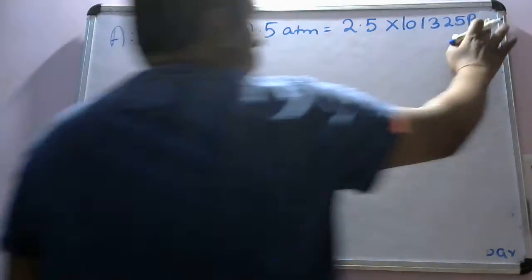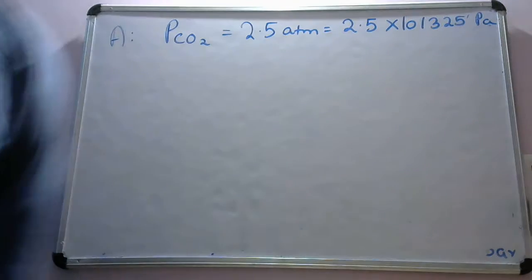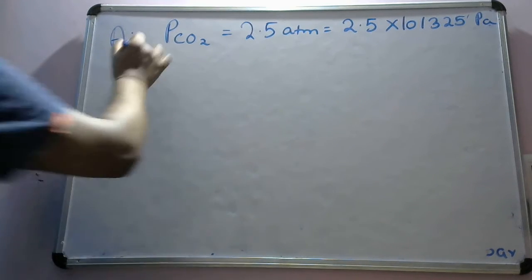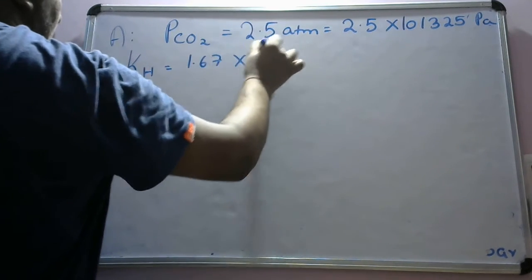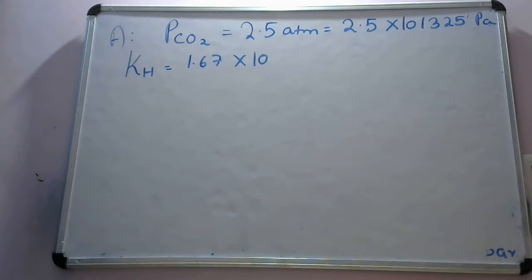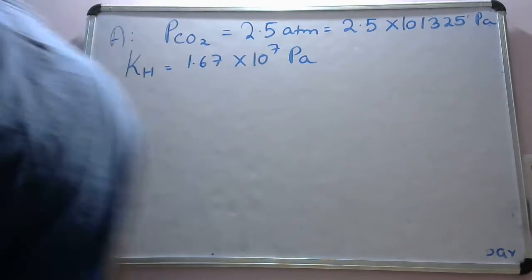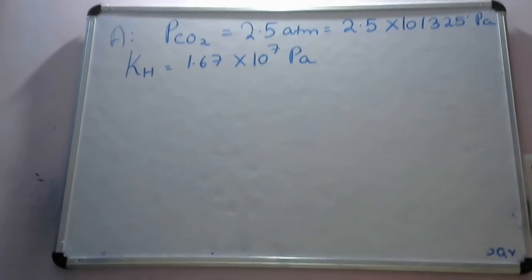So 2.5 atm will be 2.5 into 101325 Pascal. Now KH value of CO2 in water is given as 1.67 into 10 to the power 7 Pascal. Not 7, 10 to the power 8, sorry.